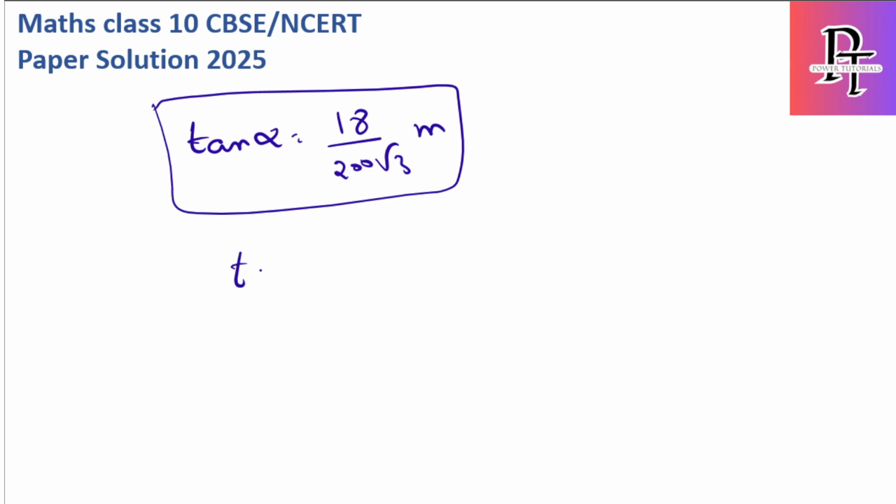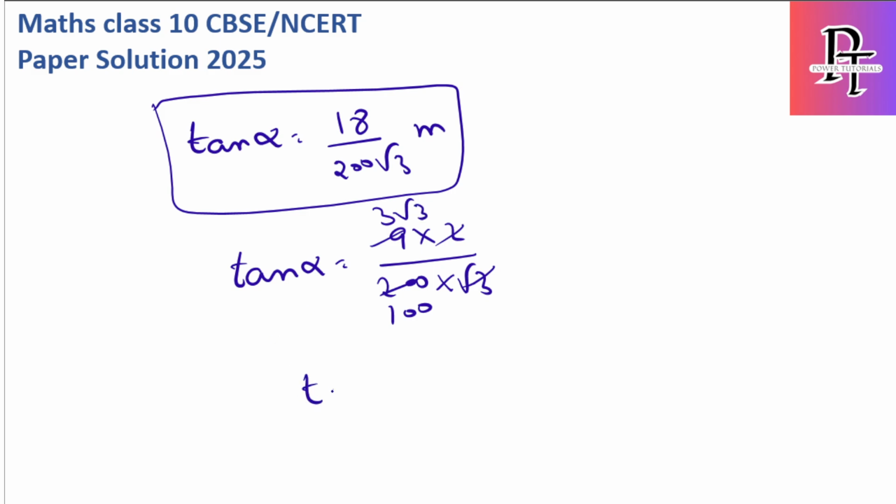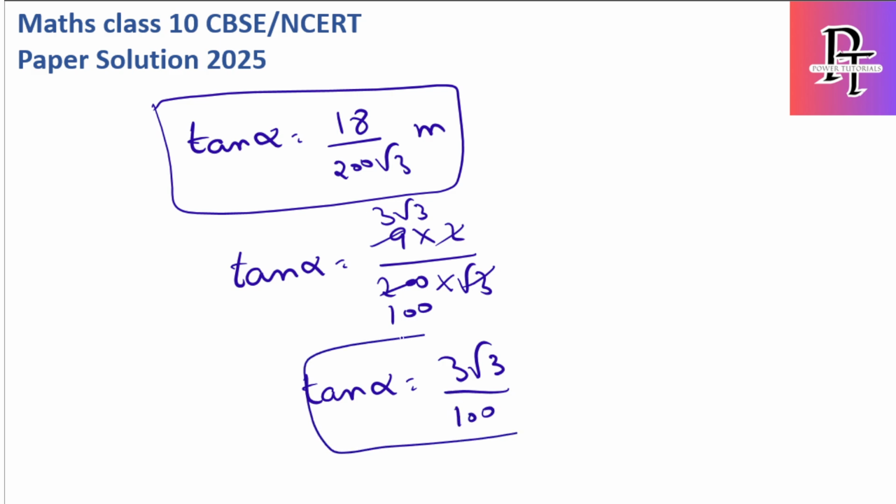If you want, you can reduce it a little by stating it as 9 into 2 by 200 root 3. 2 ones are 2, 2 hundreds, root 3 divides as 3 root 3. So tan alpha I can also write as 3 root 3 by 100. Both are fine. If you stop here also, you'll get full marks.